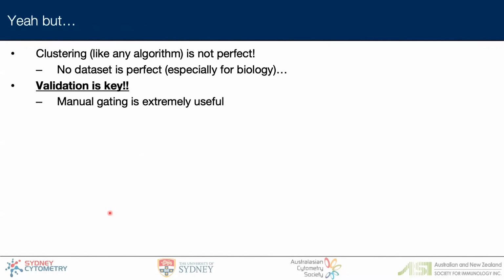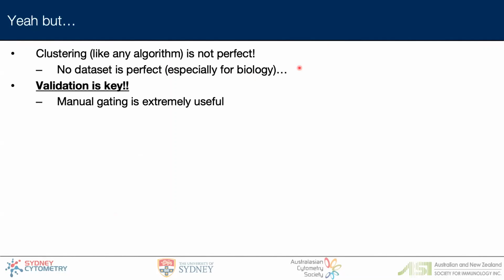So yeah, clustering is pretty great, but again, it's not perfect. And like I said, going back to how computers see data differently, computers, to me at least, are perfect. If you tell them to run one particular algorithm or one piece of code, they will always do that 100% of the time.